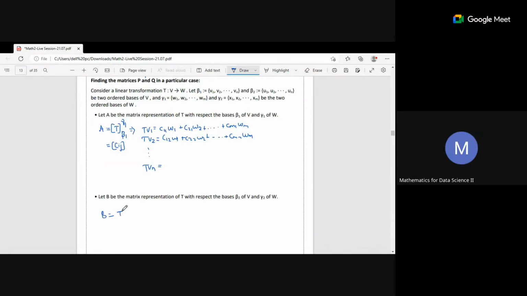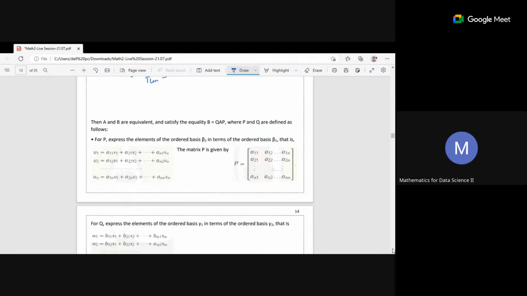B is the matrix of T with respect to beta 2 for V and gamma 2 for W. So it means TU1, TU2, up to TUN, all of these you express as a linear combination of X1, X2, up to Xm. So A is a matrix corresponding to beta 1 and gamma 1, and B is another matrix corresponding to the same transformation T, but with respect to different bases beta 2 and gamma 2.